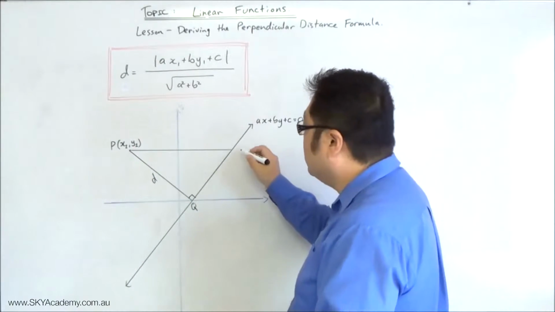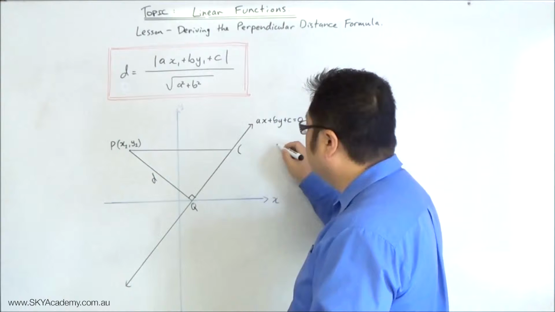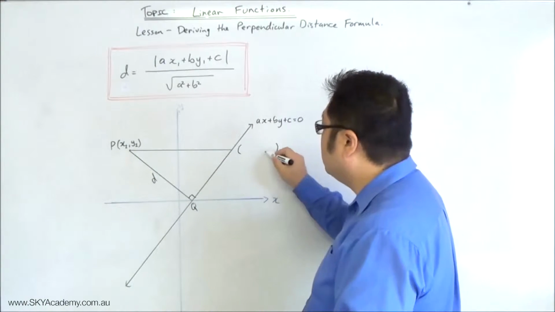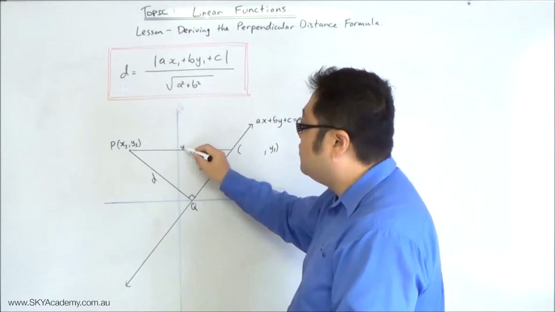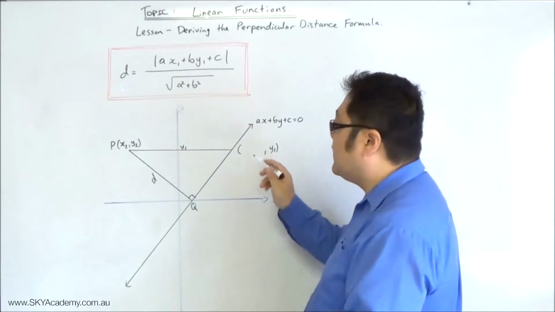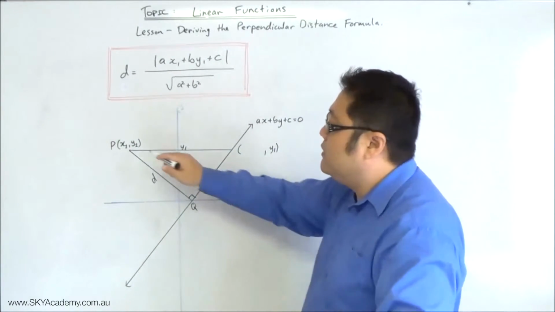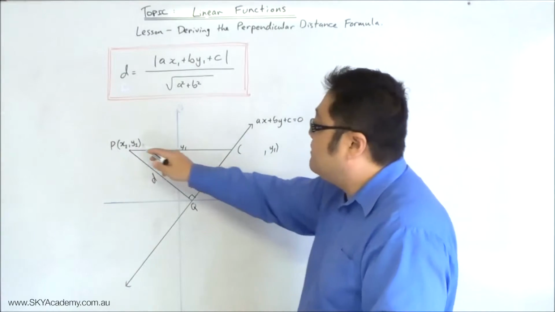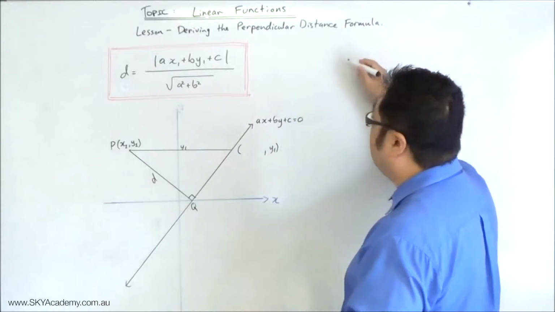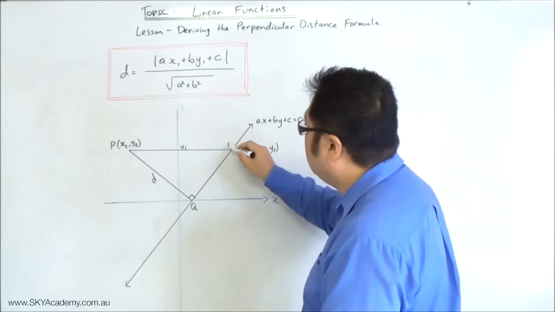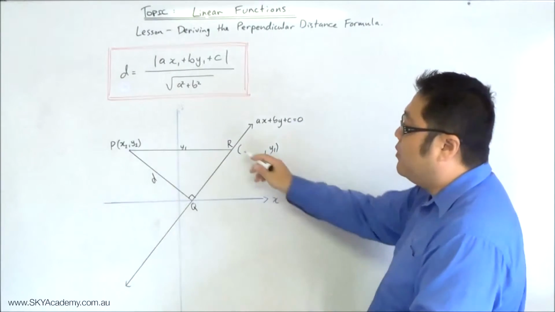It's at the same height, because this is y1. But let's work out the x-coordinate. The x-coordinate is found by simply substituting y1 into this equation. Yes? And let's call this point R.